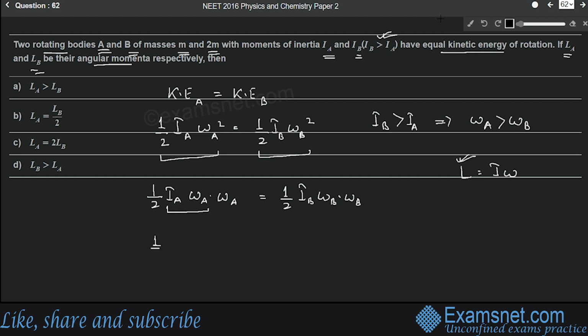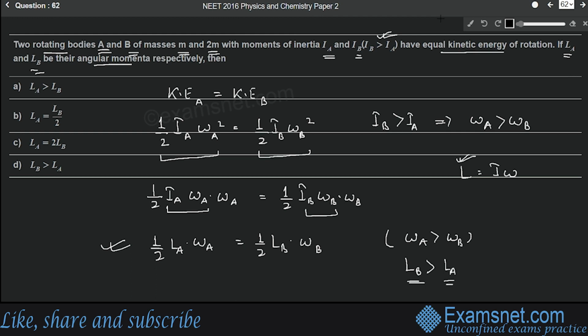So half LA into omega A equals half LB into omega B. Now we have seen that omega of A is greater than omega of B. So in order to balance this equation, the angular momentum of B should be greater than the angular momentum of A. So the correct relation will be option number D. Option D is the correct answer.